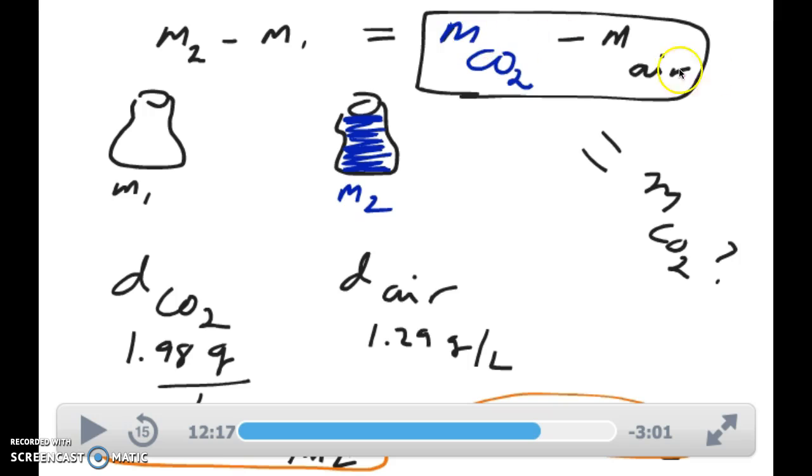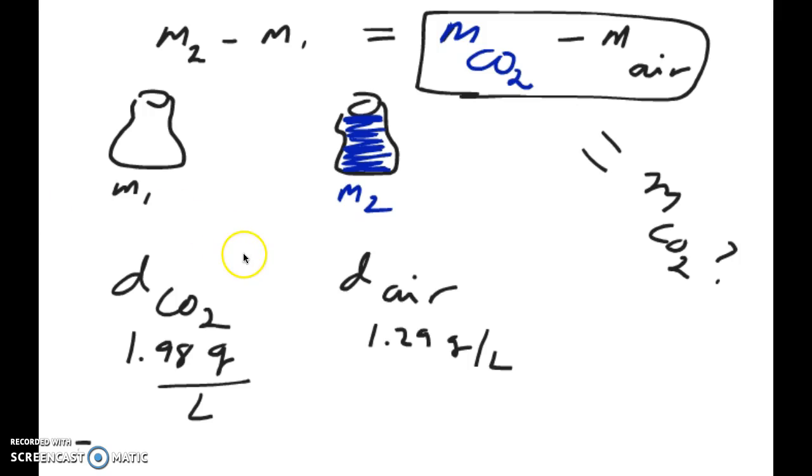In fact, this quantity and that quantity would be very different because the mass of CO2 and the mass of air are roughly the same.